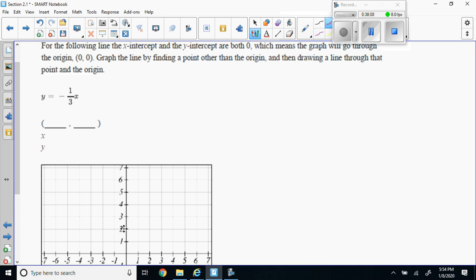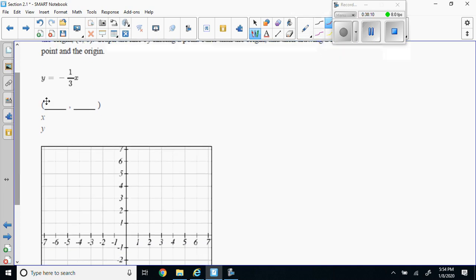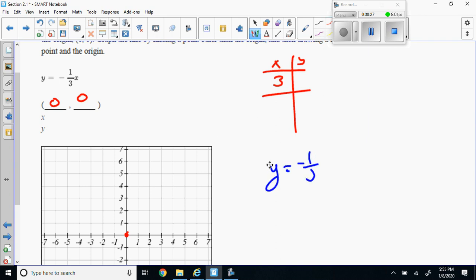So that's pretty good. We already have a point, 0, 0, right? So we got it here. So I'm just going to pick 3. And if I pick 3, negative 1/3 of 3, ladies and gentlemen, is what?